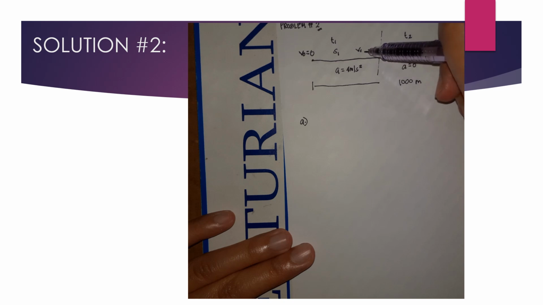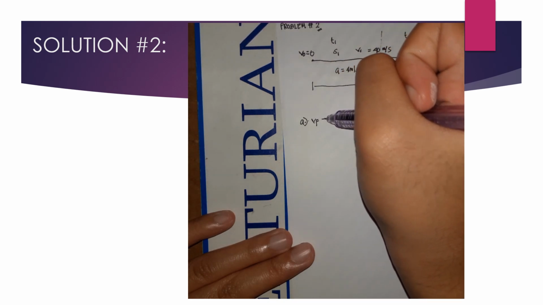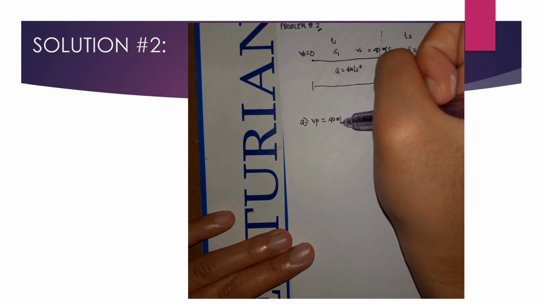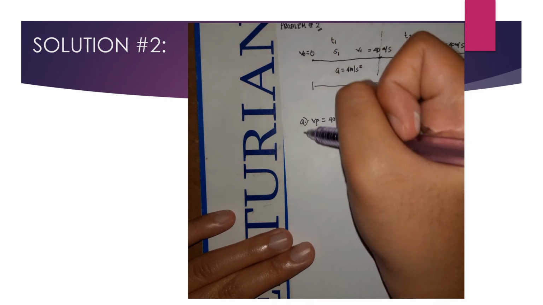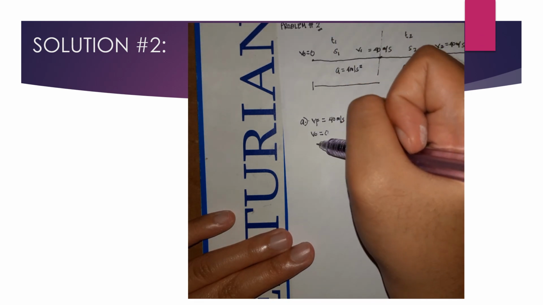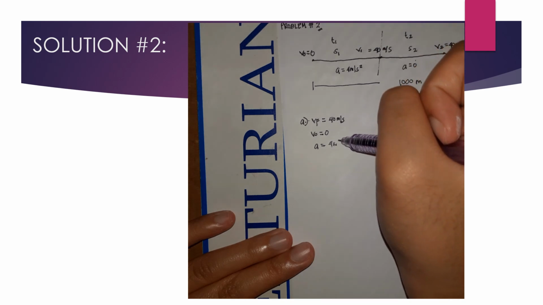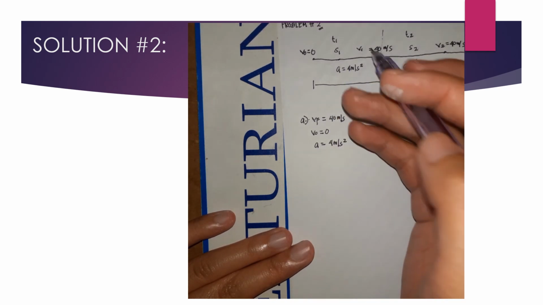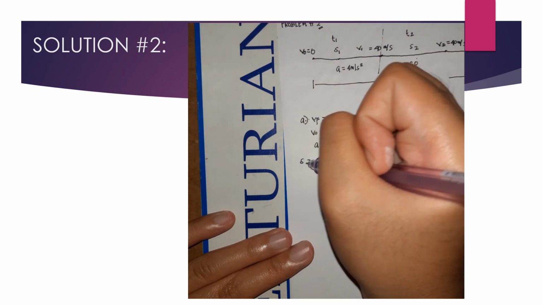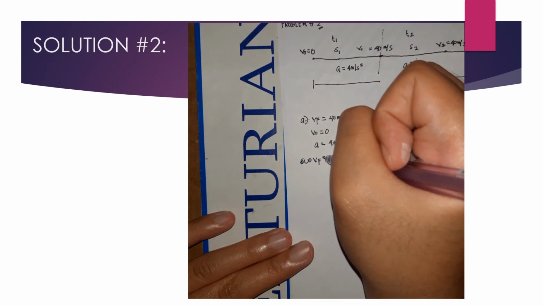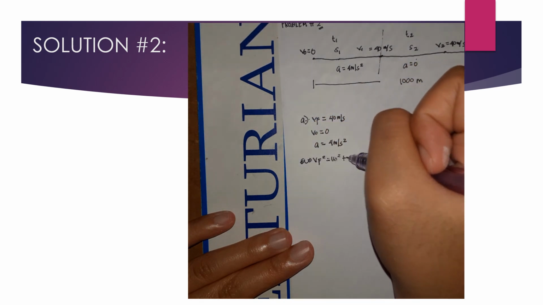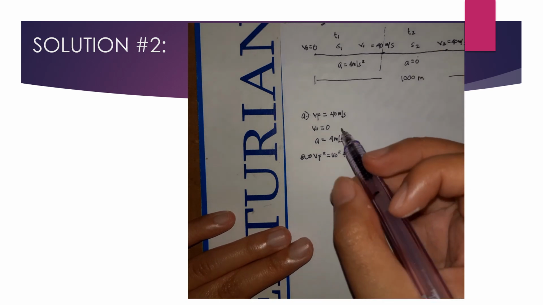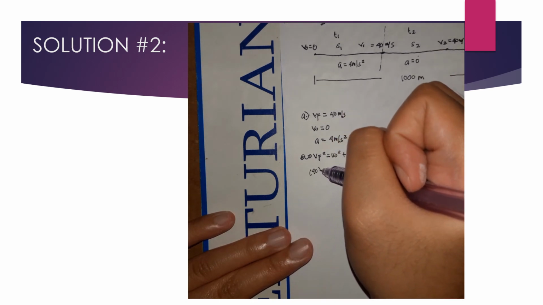Okay, so we'll focus on this part and we'll treat our V1 as our final velocity. The final velocity is 40 meters per second, our initial velocity is 0, and our acceleration is 4 meters per second squared. Now we'll be solving for S, which is our unknown. We can use the formula Vf squared equals Vi squared plus 2aS.